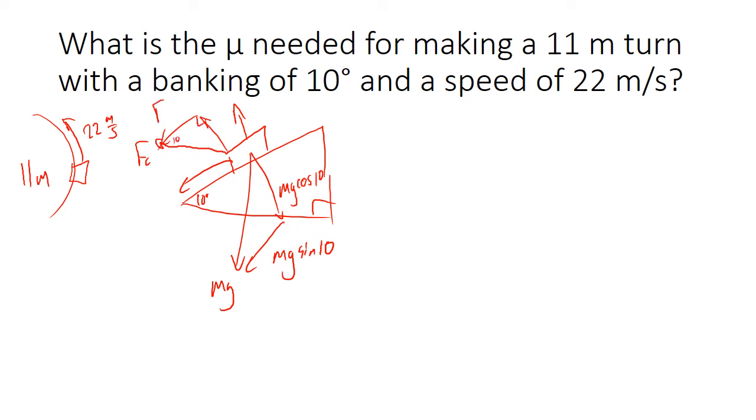So this is going to be FC cosine 10, FC sine 10, Fn. F is equal to mu Fn. And then Fn is equal to FC sine 10 plus mg cosine 10.